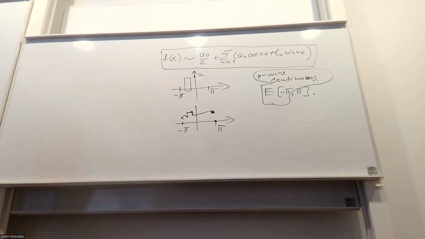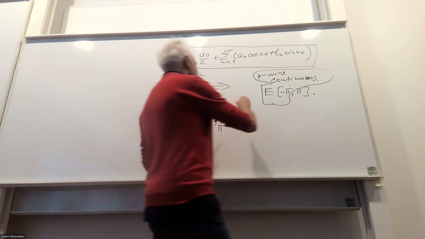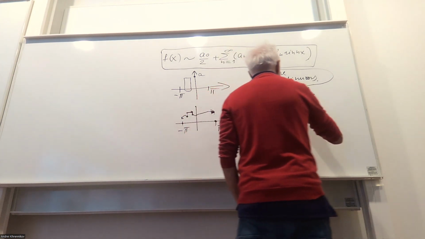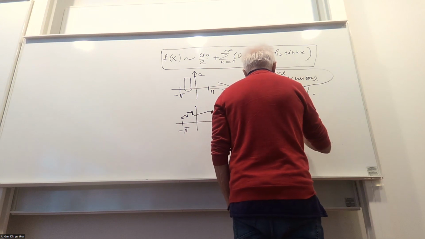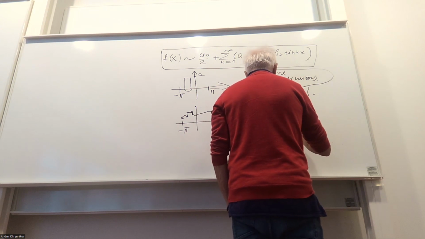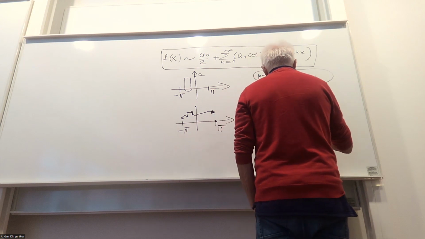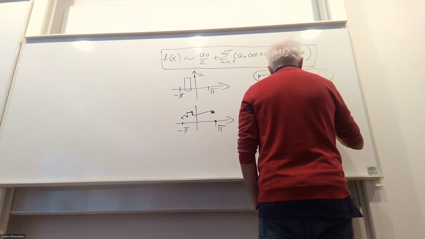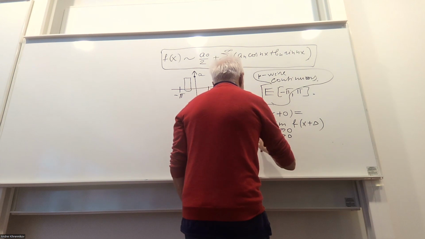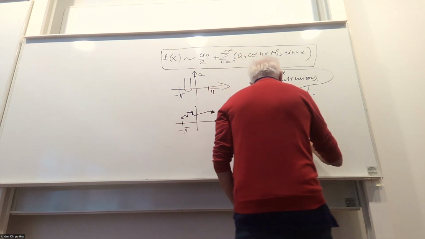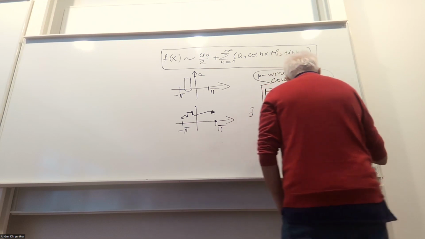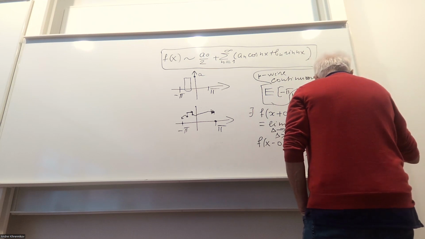What is important here is that there exists a limit from the right-hand side and a limit from the left-hand side. So there exist f(x plus 0), the limit as delta goes to 0, delta larger than 0, of f(x plus delta), and f(x minus 0), the limit again as delta goes to 0, delta larger than 0, of f(x minus delta).